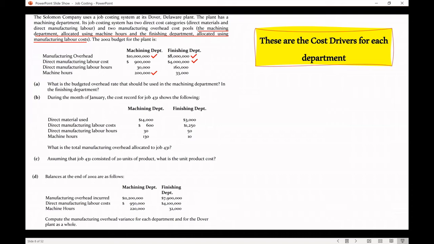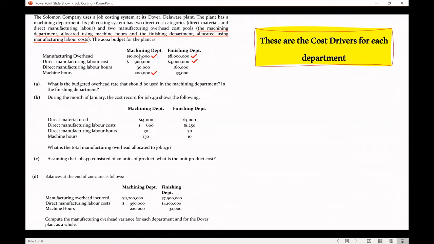So $8 million divided by $4 million gives us 2 times, or 200% of direct manufacturing labor costs. Here we're saying dollars into dollars. Dollars into dollars gives you times or a percentage. For the machining department, it was machine hours into dollars.